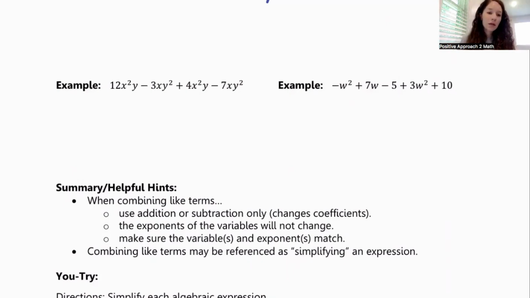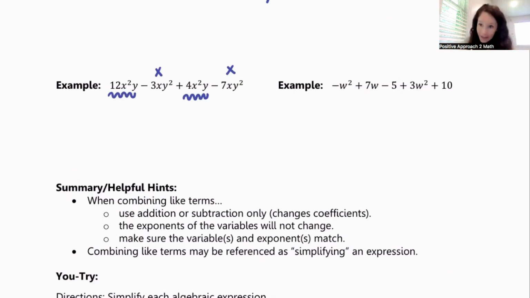So looking at this first term, it's an x squared and a y to the first. So I'm going to squiggle that, okay? Do I see any other term here that has an x squared and a y to the first? No. Yes, x squared, y to the first, and no. So I can combine that 12x squared y to the first and that 4x squared y to the first.